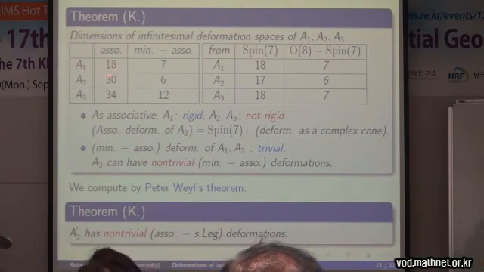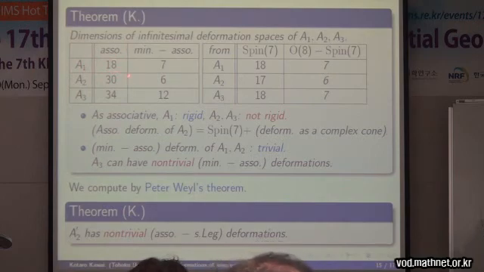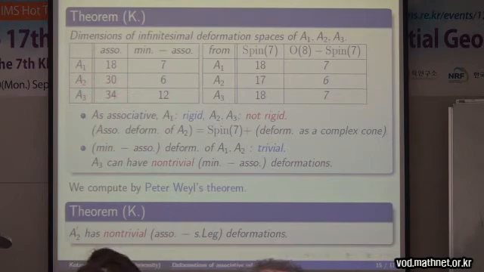This list means that if we deform A1 as an associative submanifold, we obtain an 18-dimensional deformation space, A2 has a 13-dimensional deformation space, and A3 has a 34-dimensional deformation space.